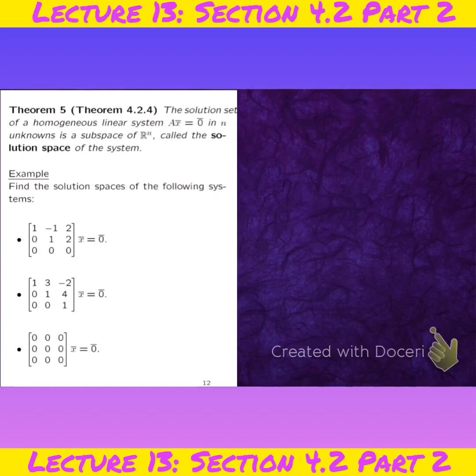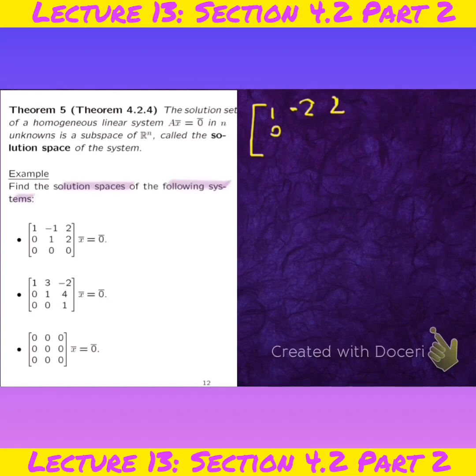All right, so here they ask us to find the solution spaces of the following systems. Okay, I'm going to leave the second and the third one for you guys as an exercise. I'm going to look at the first one. I mean, this is already work that we've done. What is the solution space of this homogeneous linear system?